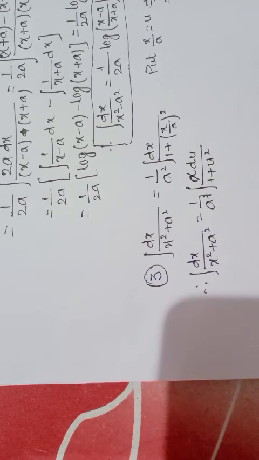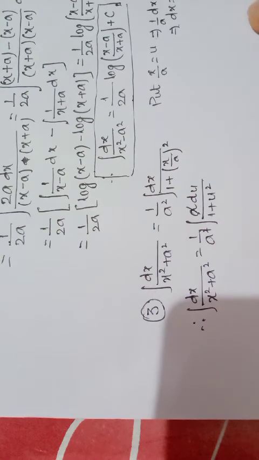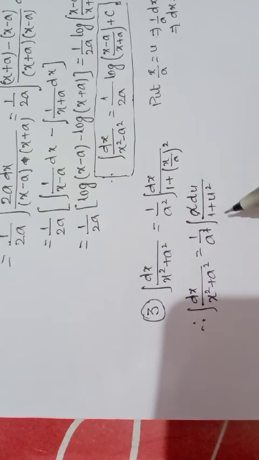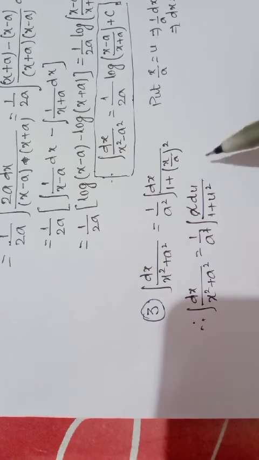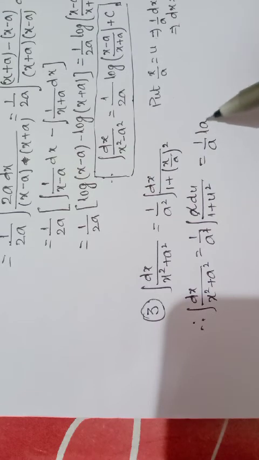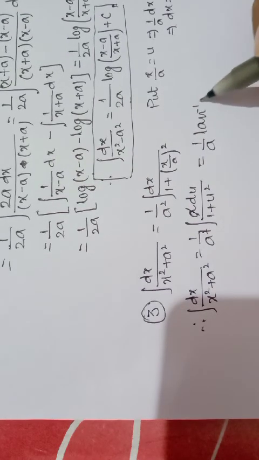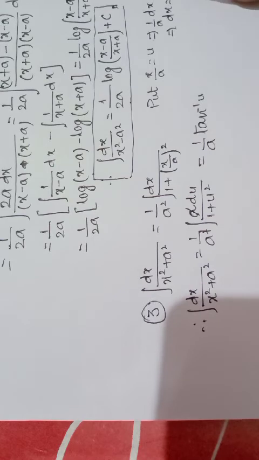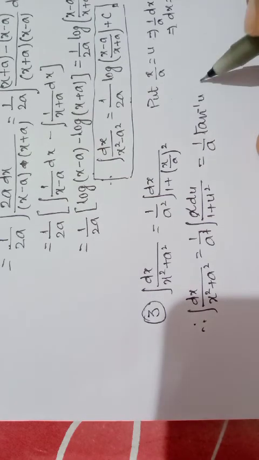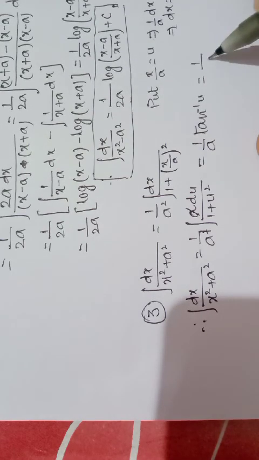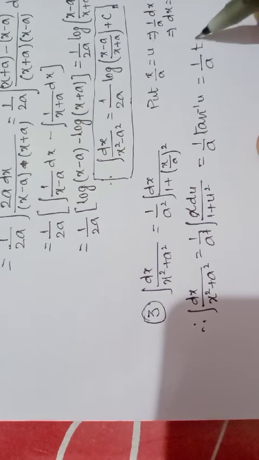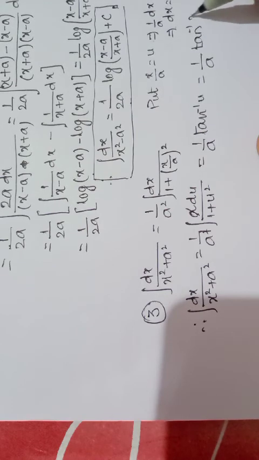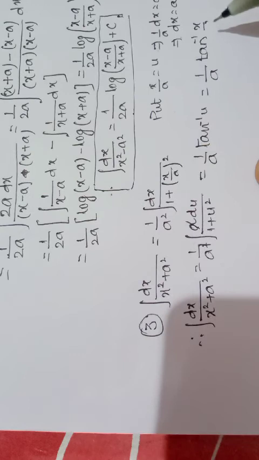One a should cancel here. Now, according to the formula, the integral of 1 by 1 plus u square is tan inverse u. Hence this is 1 by a tan inverse u, and writing the value of u, it is 1 upon a tan inverse x upon a.